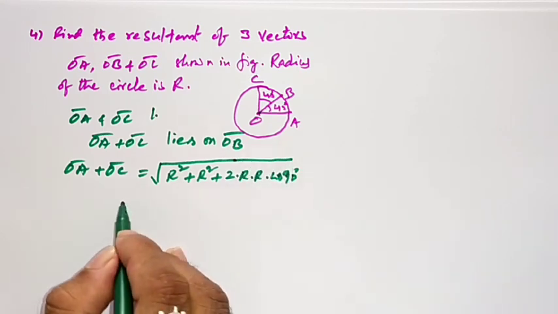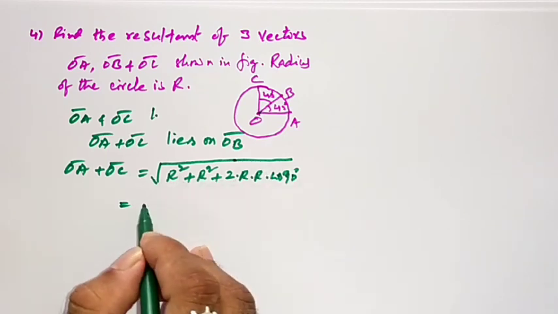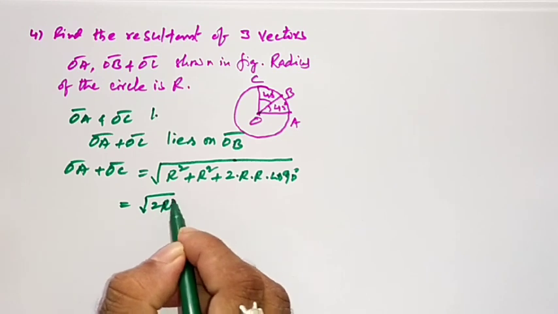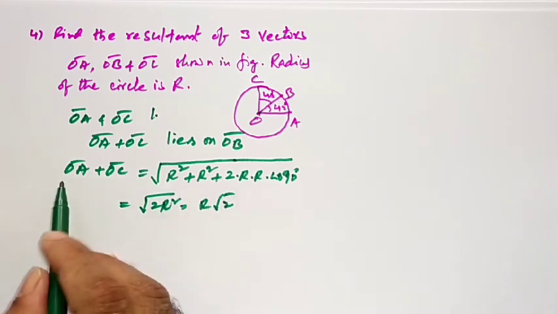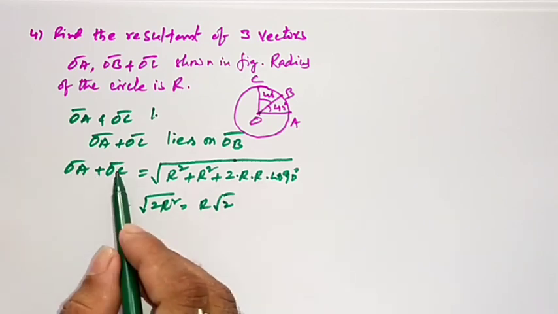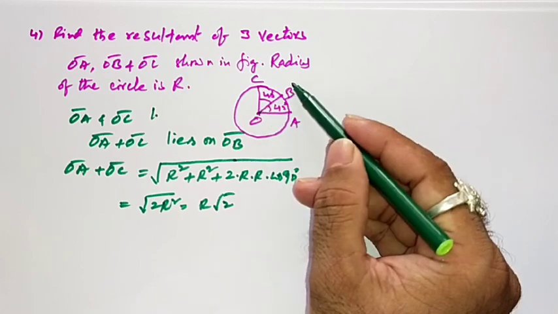We know the value of cos 90, how much? 0. So this term will be 0. Then this is root 2R square, or you can write this as R root 2. Now this is the resultant of OA and OC. This R root 2 will be along OB, no doubt in that.